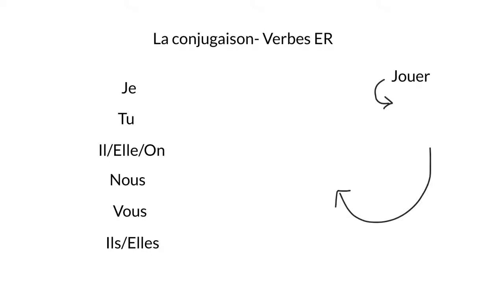Anyway, to start, we're going to choose a very regular verb, so jouer. To start to conjugate the verb, you need to get rid of the ending, so get it down to just joue. From here, we can add all the endings. So, for je, it is je joue.